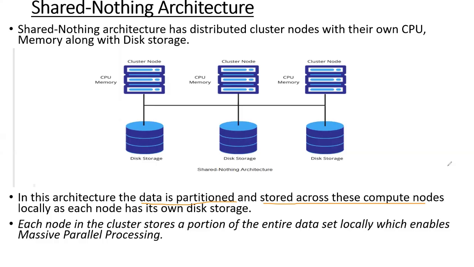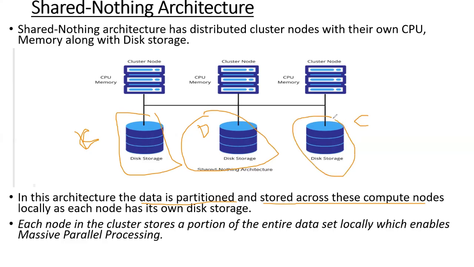Data partition means the data related to employees working in Bangalore will be stored in one disk storage. Similarly, Delhi data will be stored in one disk storage, and Chennai data in one disk storage.